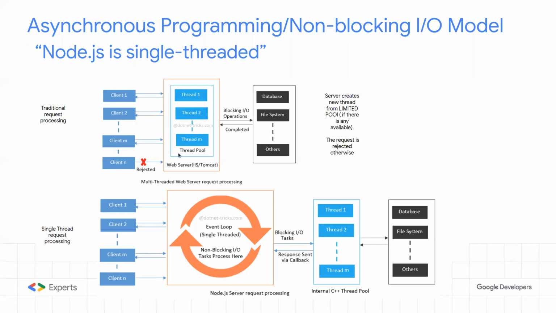So that means that we have something called a thread pool, and when that thread pool gets full, we don't have more threads available. So that means that our application won't be able to handle more requests.